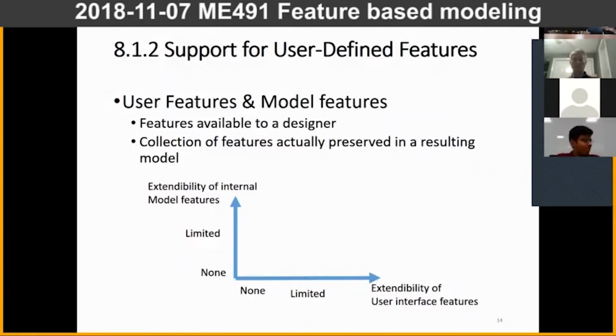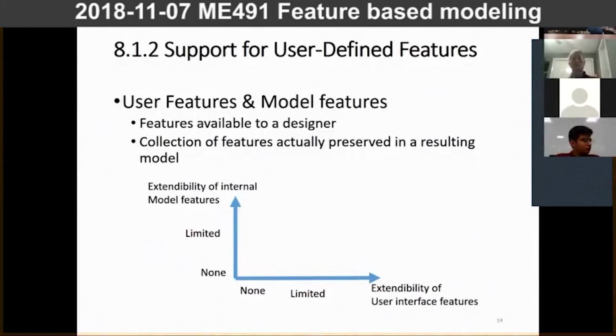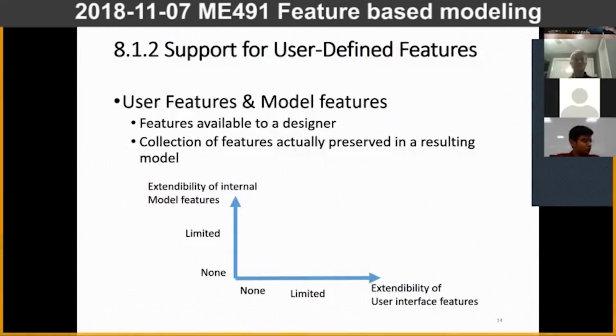For example, you have made a connecting rod and you have defined it as a feature. So whenever you want to make a connecting rod, you will go and make it from your user-defined features, but for the system, it is a collection of extrudes, holes, etc. But there is a limit.